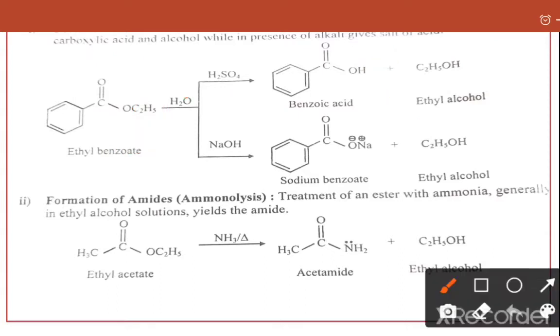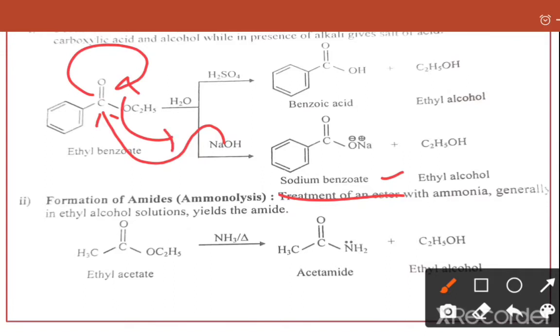Now in the second case, when this ester is treated with alkali, that means NaOH, we get sodium benzoate. How is this formed? The NaO minus, sodium ethoxide, will attack, and with the departure we get the salt of the acid, that means sodium benzoate, plus C2H5OH as a byproduct.